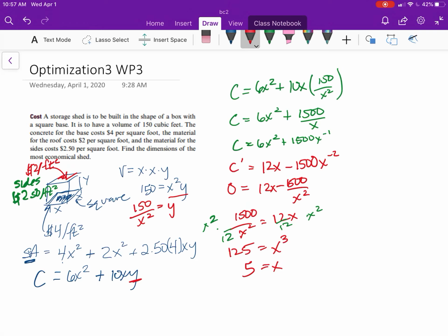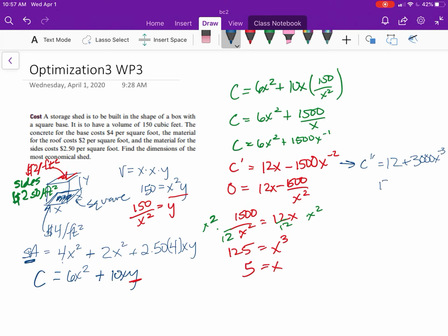And verify that this is a min. So let's come up here and look at the second derivative. We would get 12, and then bring down the negative 2, it's positive 3,000x to the negative 3, which we really don't care.